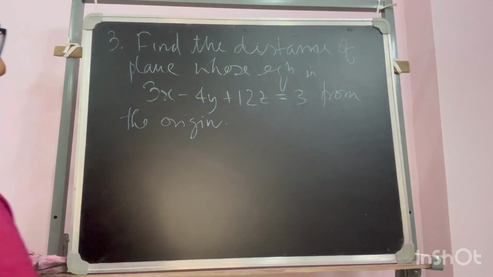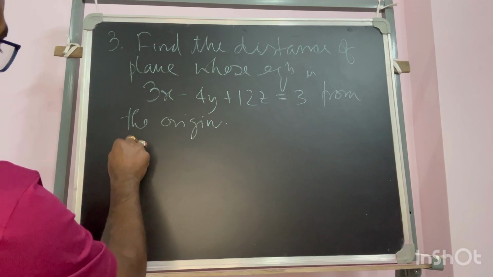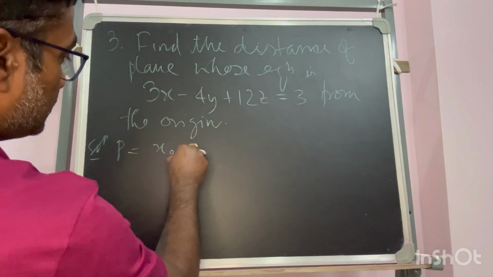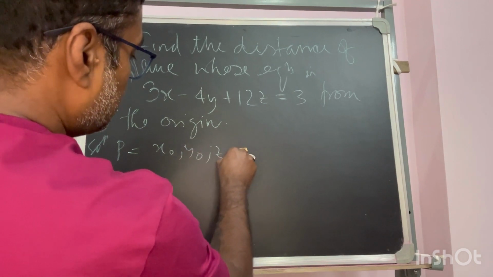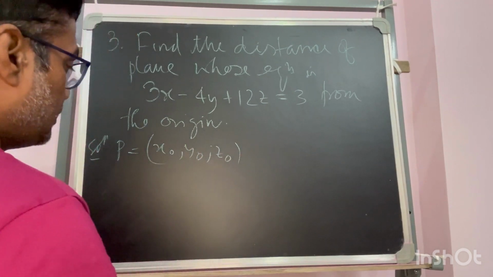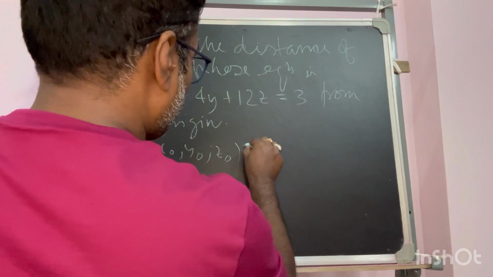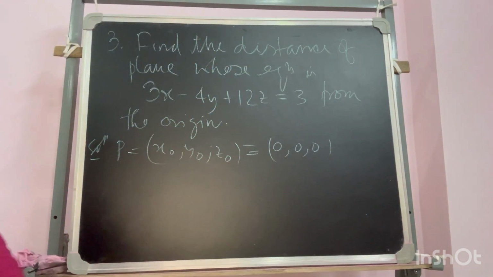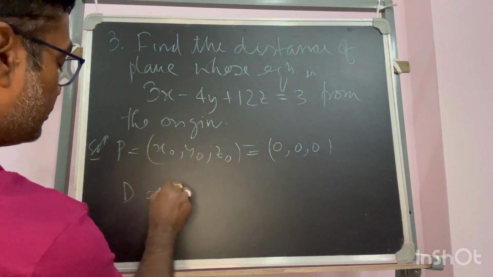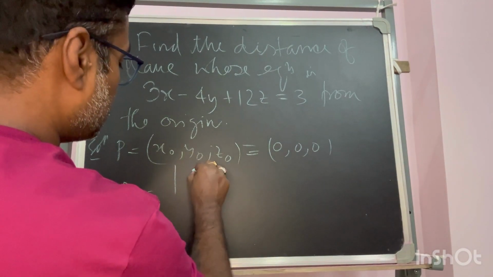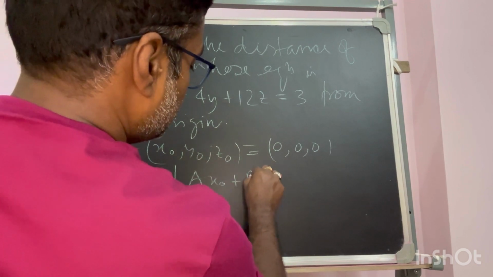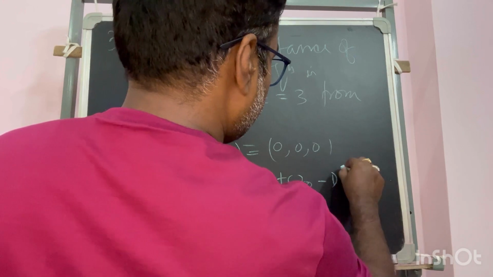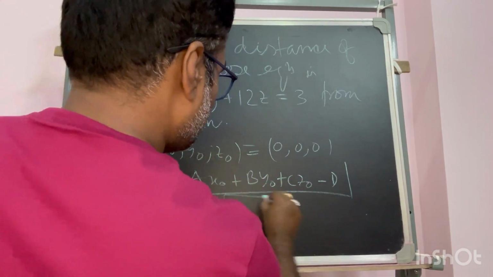Okay, so now you can see what we did in the solution. The point P is x0, y0, z0 as the point vector. Now in this case it is the origin, so for our case it is equivalent to 0, 0, 0, and the distance we have found is nothing but the same equation, ax0 plus by0 plus cz0 minus d divided by this one.